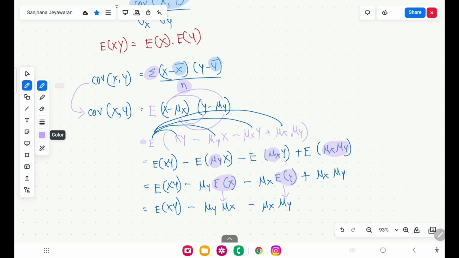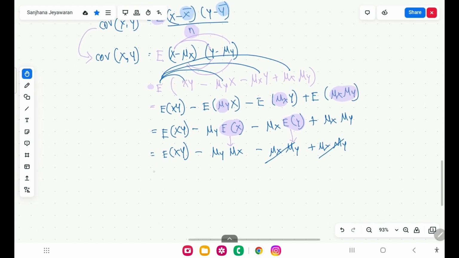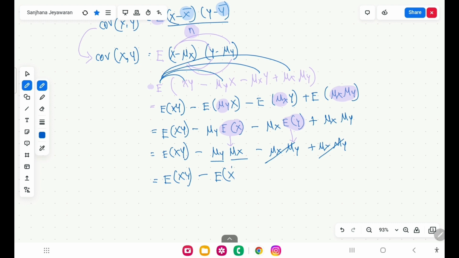And I write the rest as it is, mu x mu y. Now if you all notice, here we have minus mu x mu y, here we have plus mu x mu y, which can be cut. So what do we end up with? Expectation of xy minus mu y mu x. So I can write this again as expectation of xy minus expectation of x into expectation of y.